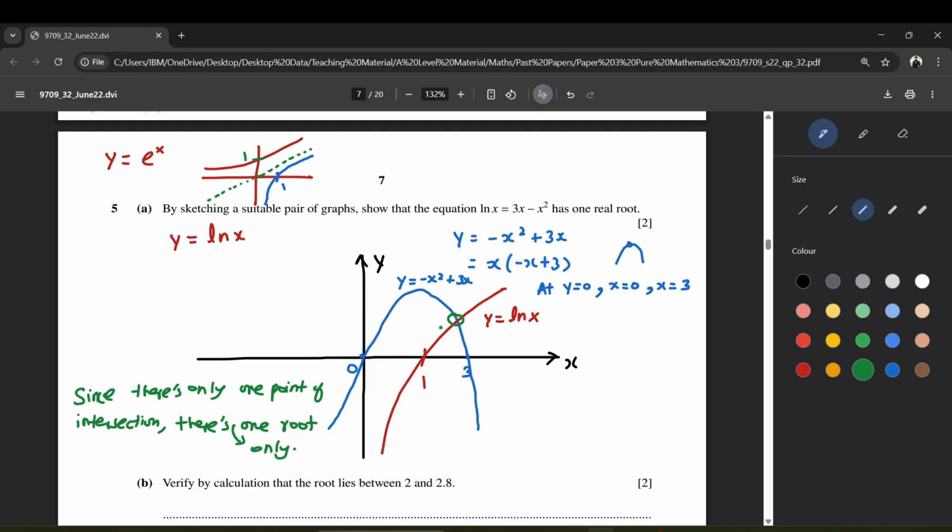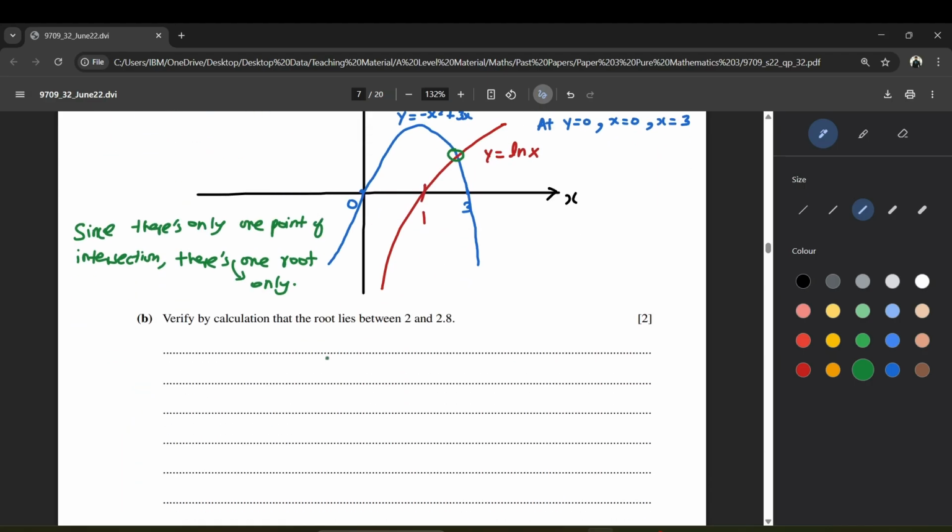All right, part B, verify by calculation that the root lies between 2 and 2.8. Okay, so from the graph we can see that the root lies between 1 and 3, so this has further narrowed it down, and he's asking us to verify that the root is lying between 2 and 2.8.